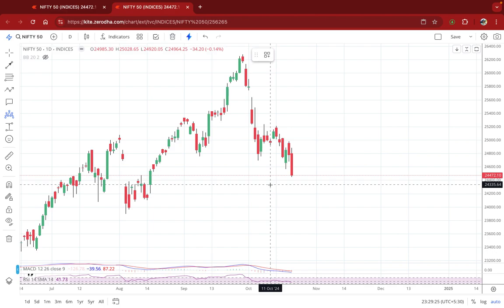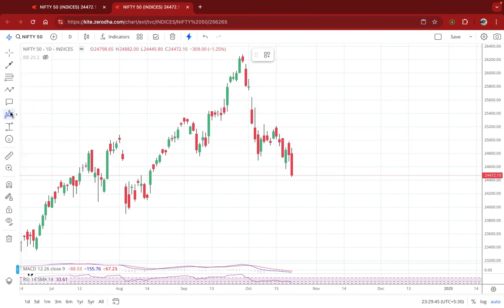So this will be a good exercise for us to understand the target levels where the Nifty is heading right now. It may or may not achieve those targets, but this is at least apparent as of now from the way the market is moving.